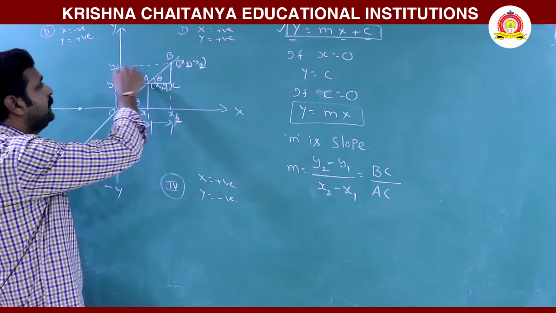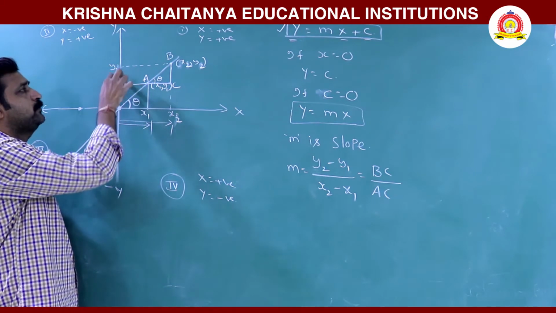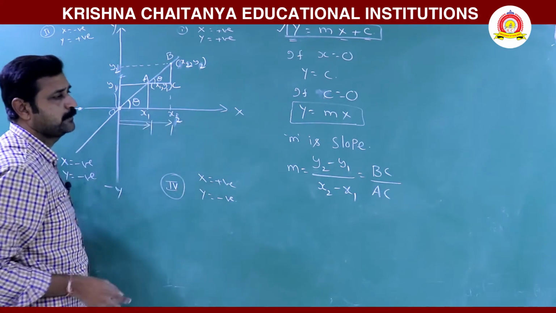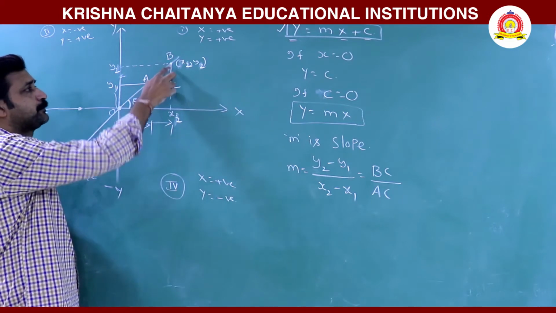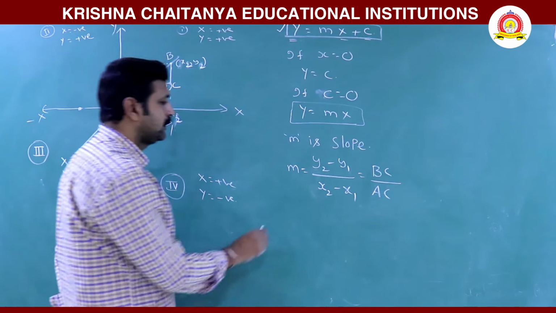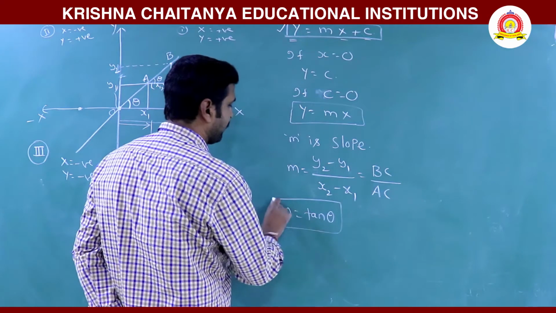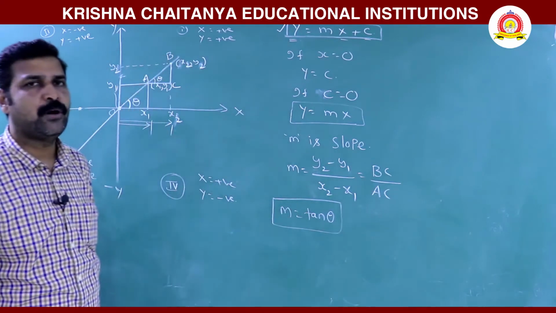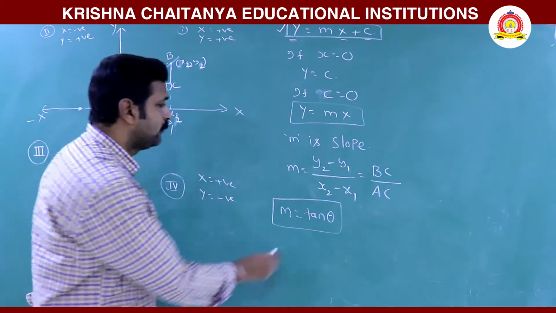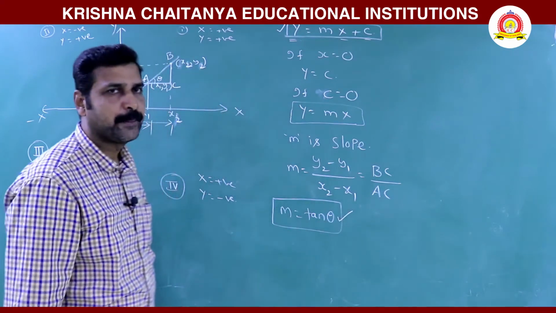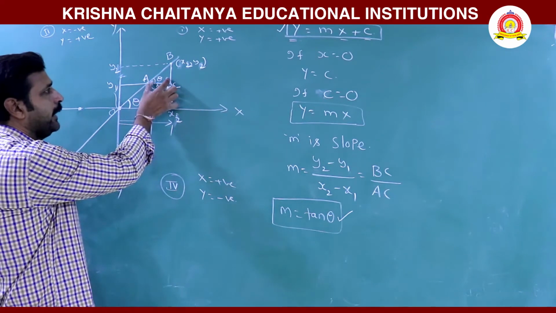Here BC means y2 minus y1, and similarly this is x2 minus x1. BC by AC is tan theta. That means slope is equal to tan theta. For any straight line, if you want to find the slope, find out tan theta for the concerned right angled triangle.